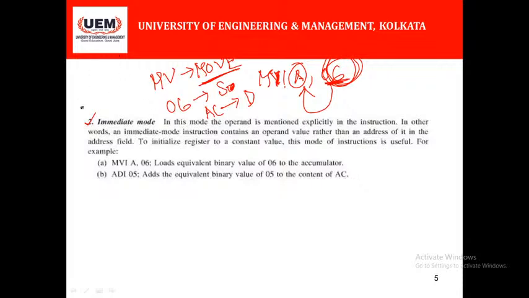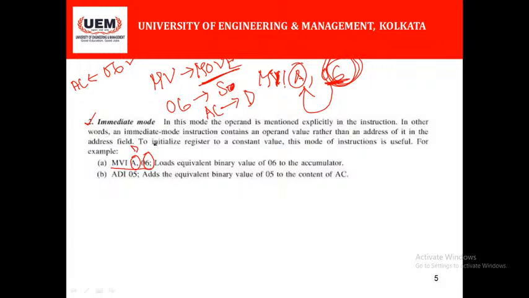So what is the micro instruction written for this instruction? The micro instruction is to move our data to the accumulator, and our data is 06. This is our instruction definition, MVI A, 06. How many address fields are there? 1 and 2.